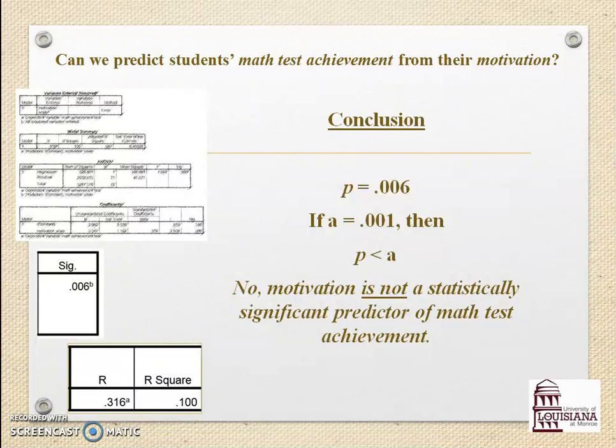Collectively, the various pieces of evidence I generated in my output files help me conclude that motivation is not a statistically significant predictor of math test achievement. But if I set my alpha at a different value, say 0.01, then I would draw a different conclusion.